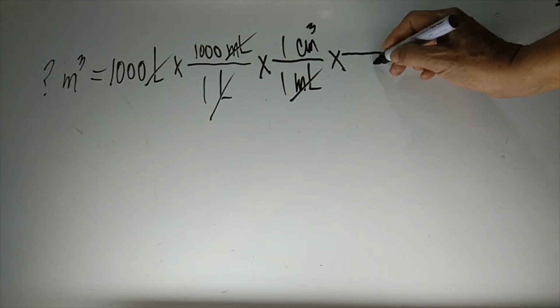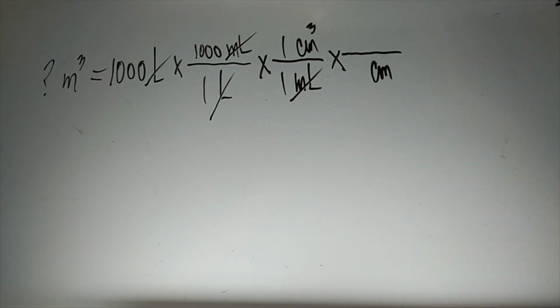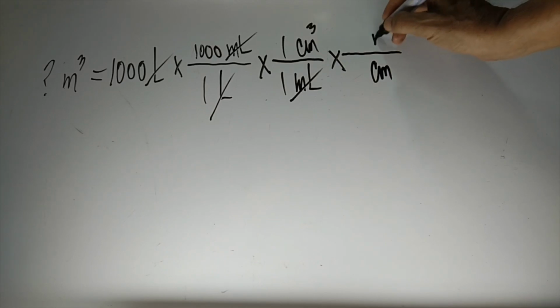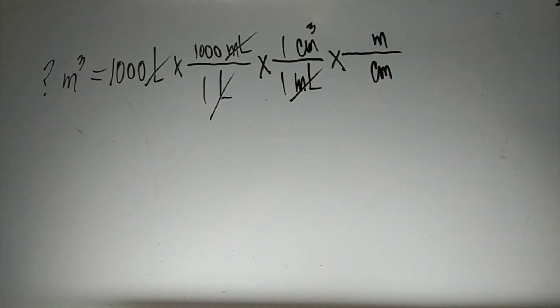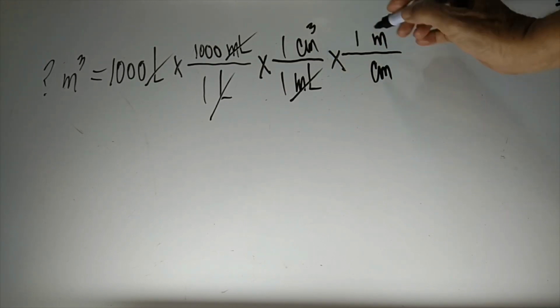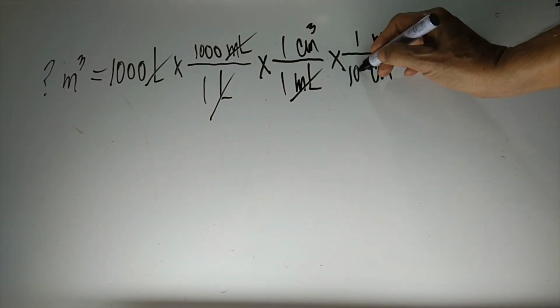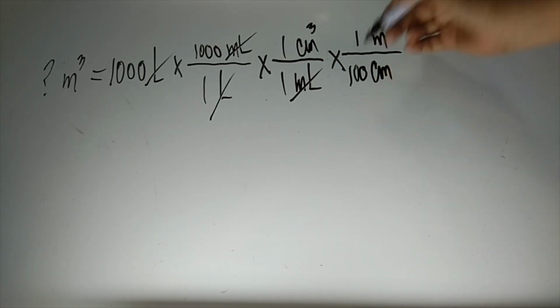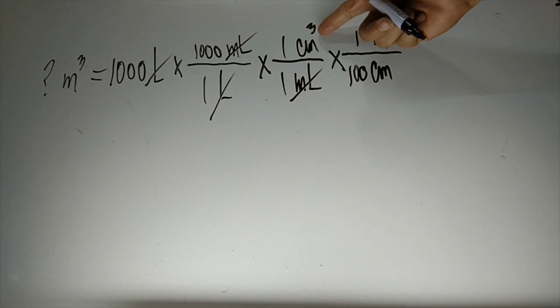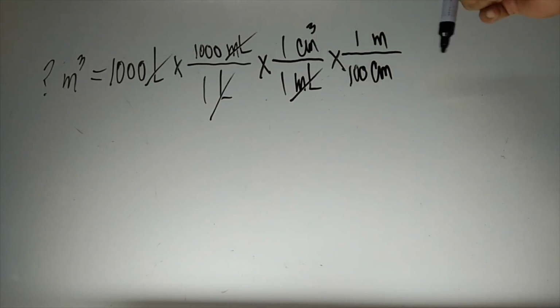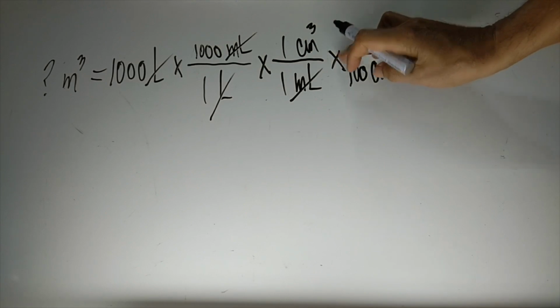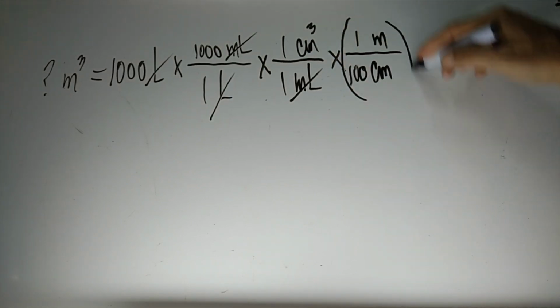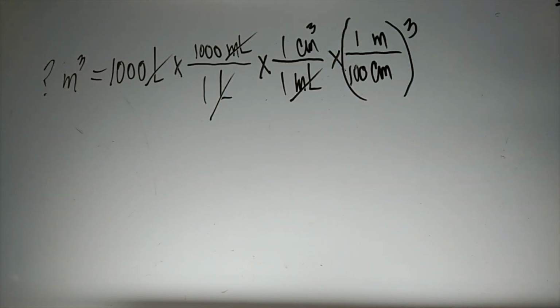We'll continue with another conversion factor. This time, centimeter will be at the denominator and meter at the numerator. The relationship of which is, for every meter, there are 100 centimeters. Okay, so this is raised to the third power. So, we're also going to raise the conversion factor to the third power.